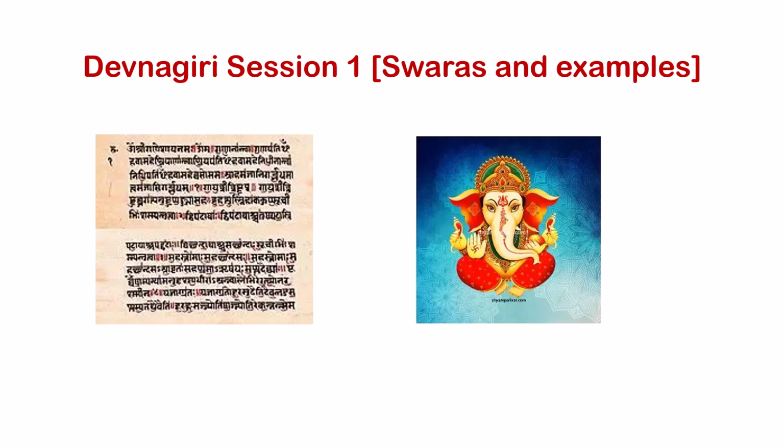Now I'll tell you a few words from each of these letters. From A. Can anyone tell any word from A? Anar. Anar is a Sanskrit word, Hindi also. Just now we were using that word. What do we call letters in Sanskrit?